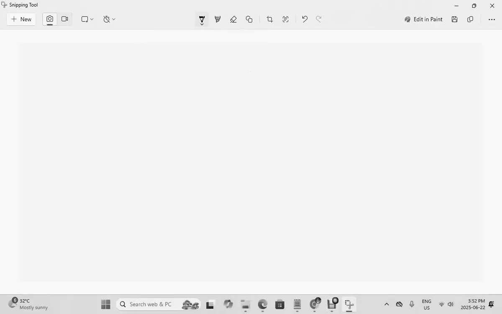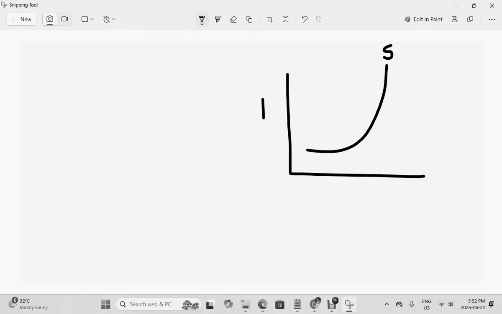Law of supply has to do with the increase in supply as the price goes up. Assuming this is your price, your vertical axis, and this is your supply or quantity supplied, QS.